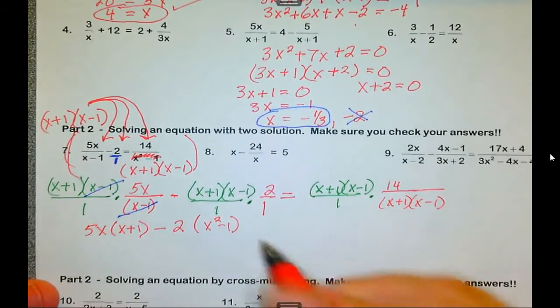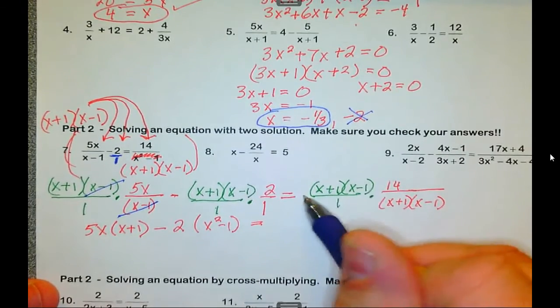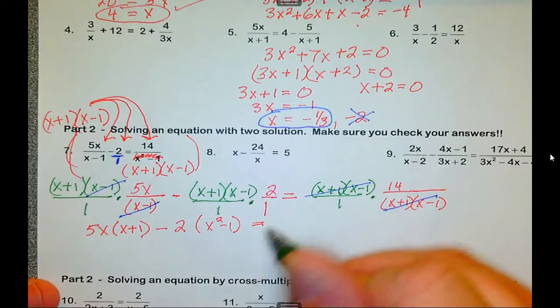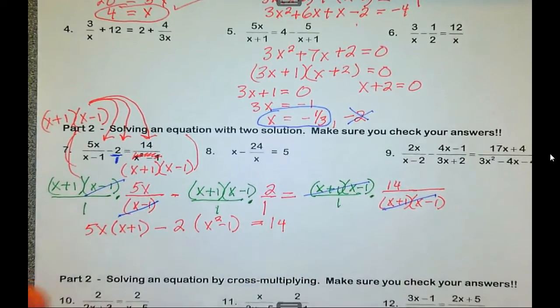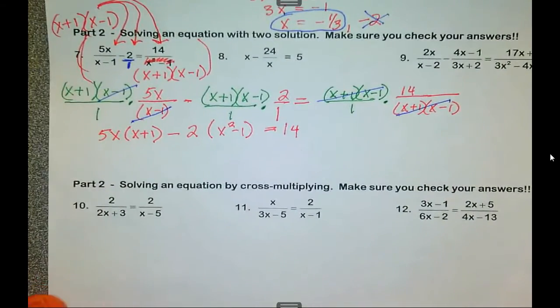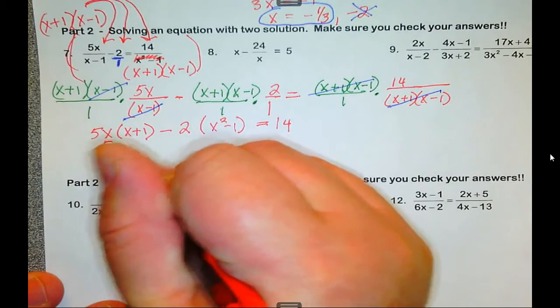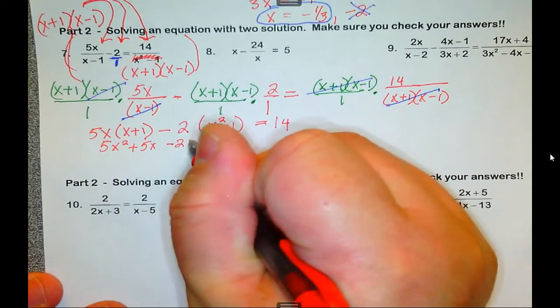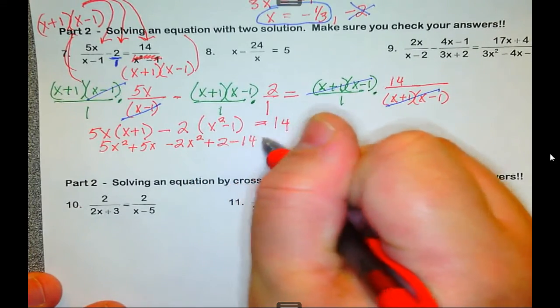Okay. And then after the equal sign, all of these cancel. I have 14. Okay, now I just have to solve for x. So I have 5x squared plus 5x minus 2x squared plus 2 minus 14 equals 0.